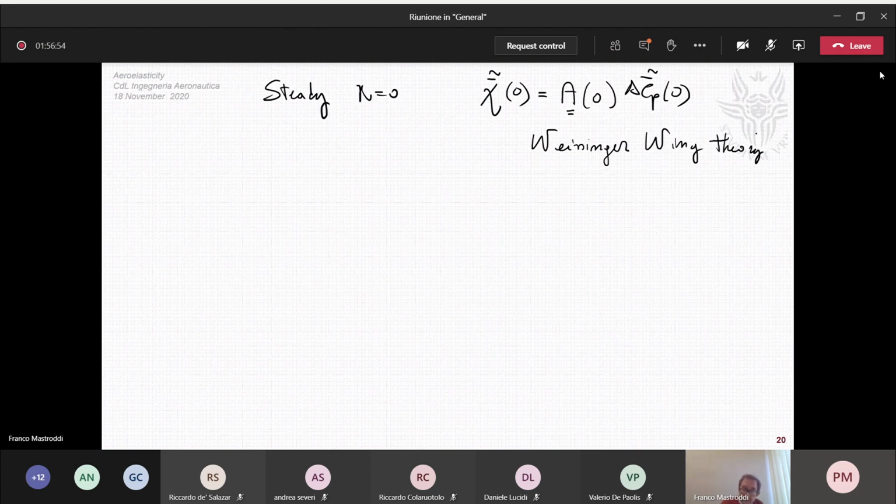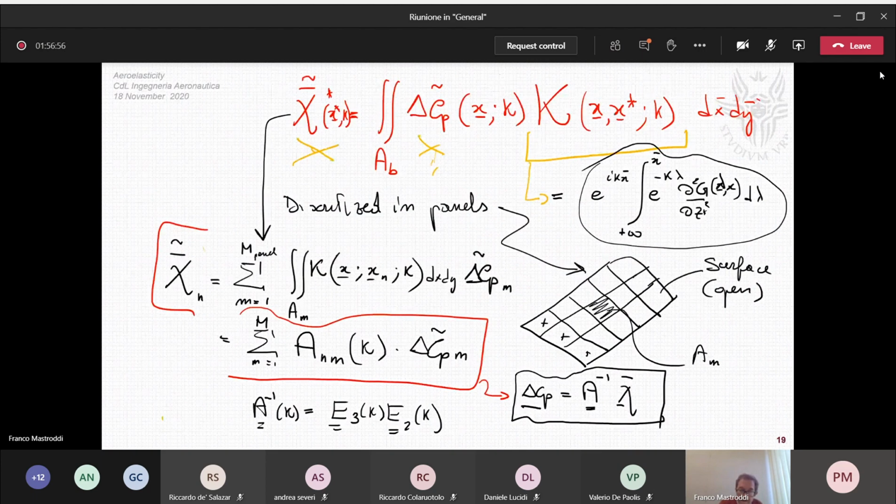However, the magic thing for unsteady flow is that you can discretize the body only, also in the case of unsteady flow. You don't need to consider the wake, but the trick is that the wake trace are just in the kernel definition.